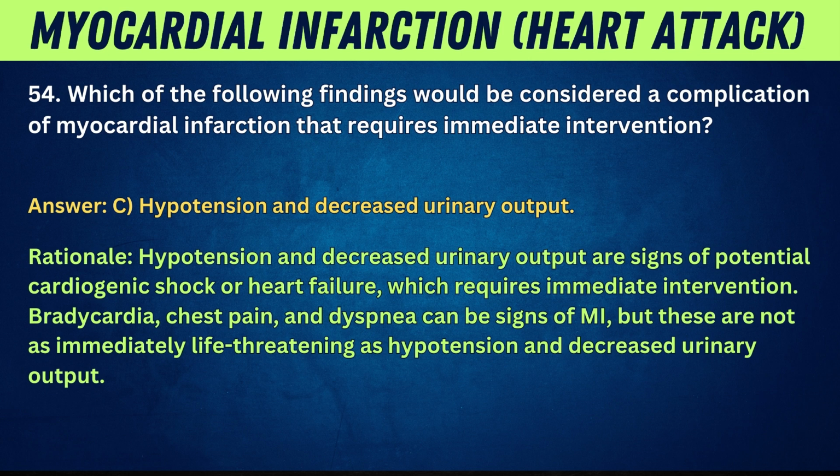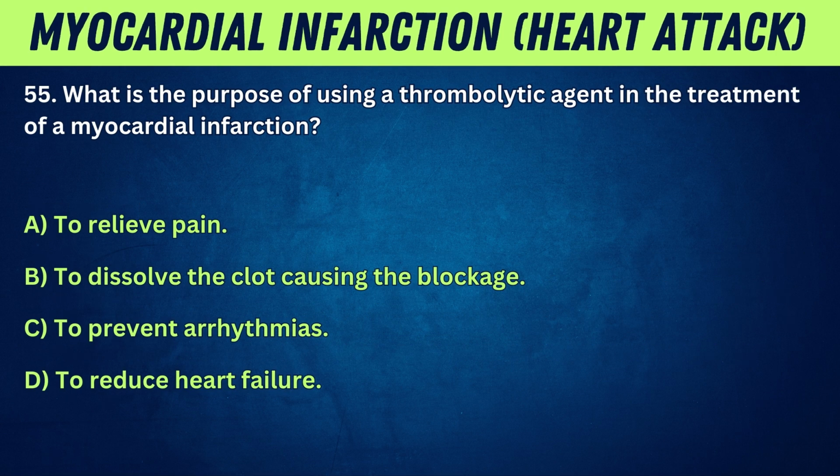Rationale: hypotension and decreased urinary output are signs of potential cardiogenic shock or heart failure, which requires immediate intervention. Bradycardia, chest pain, and dyspnea can be signs of MI, but these are not as immediately life-threatening as hypotension and decreased urinary output. 55. What is the purpose of using a thrombolytic agent in the treatment of a myocardial infarction?